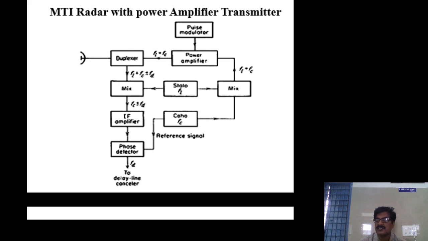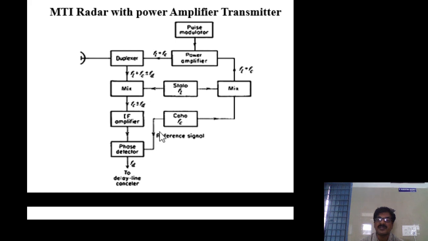Then it is amplified by the IF amplifier, which follows the mixer. Then a phase detector is used to separate the Doppler frequency shift from the output of the IF amplifier, by taking the coherent oscillator output as a reference signal.